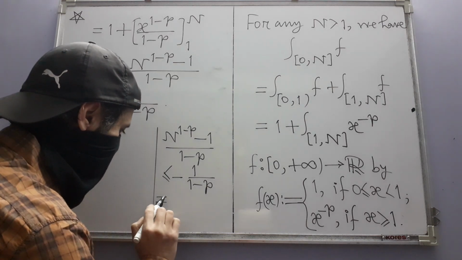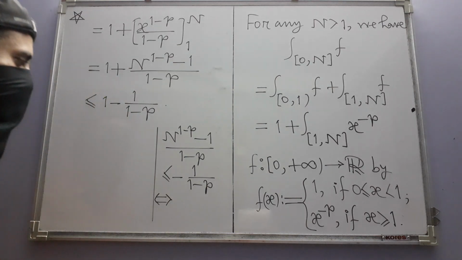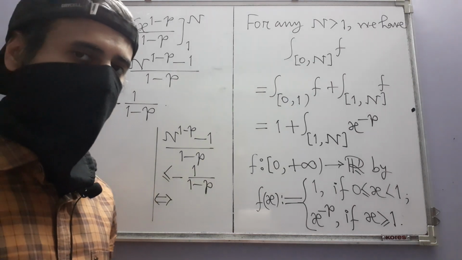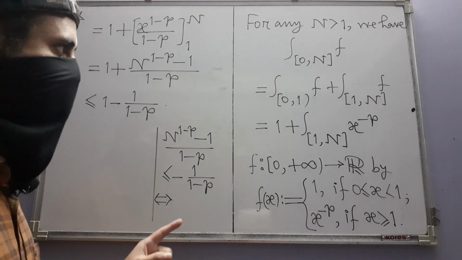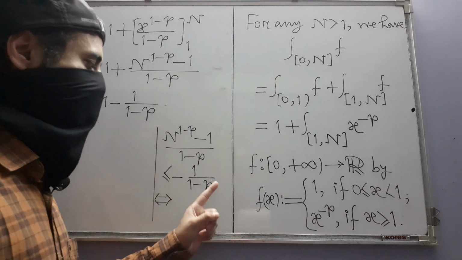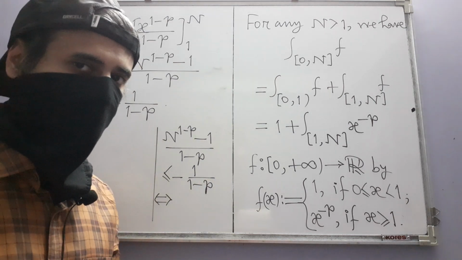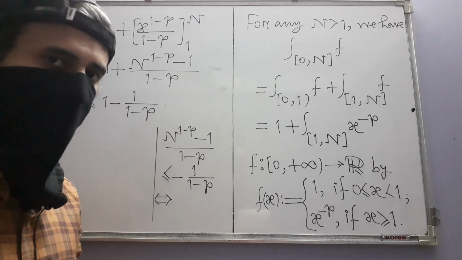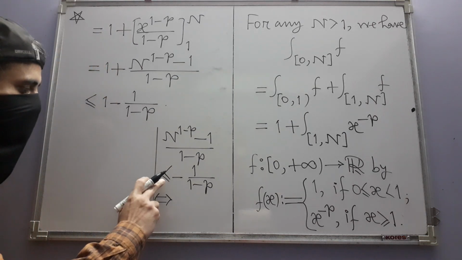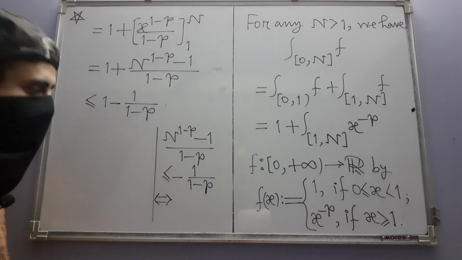This will be equivalent to, we have to multiply by 1 minus p on both sides. However, recall that p is greater than 1. So 1 minus p is negative. You can multiply by that, but the inequality will change direction.